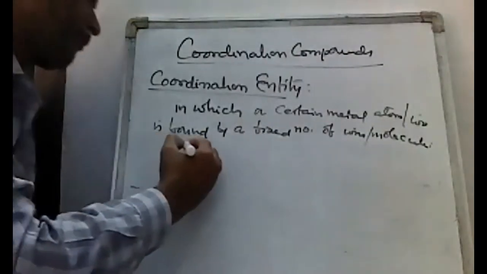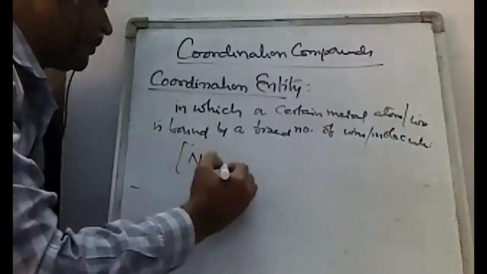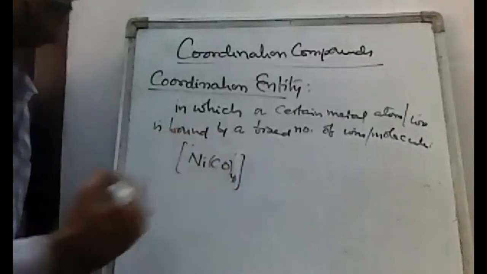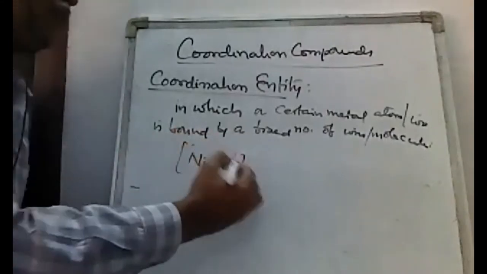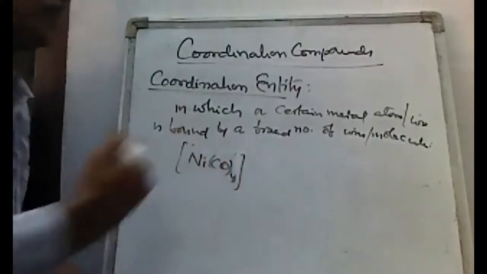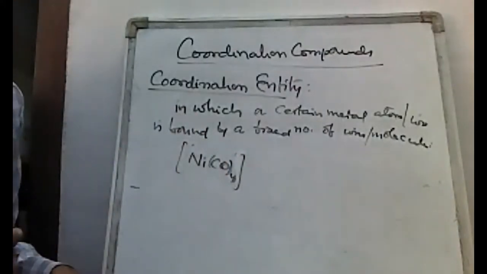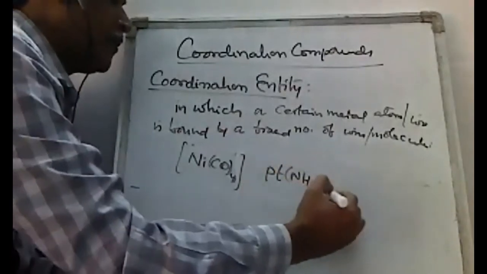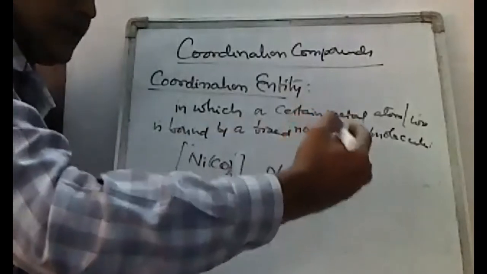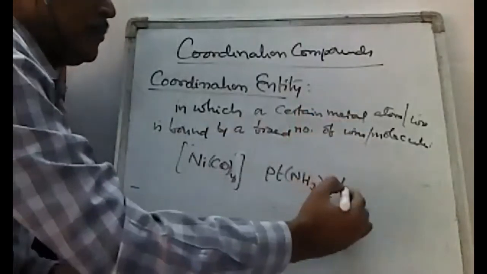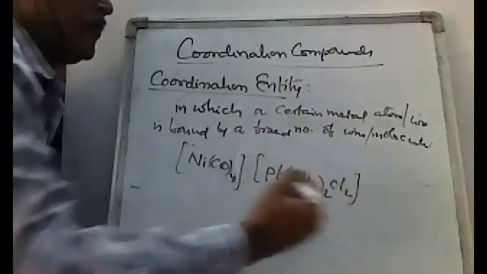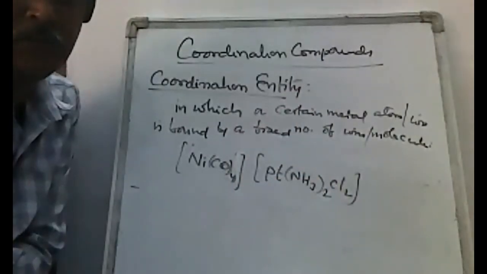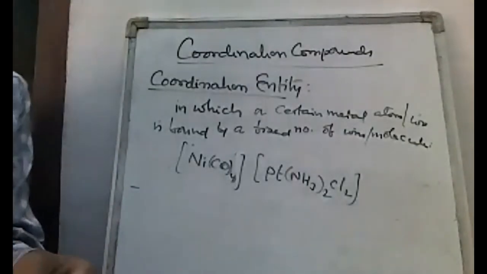For example, Ni(CO)4 is a coordination entity, or for example, [Pt(NH3)2Cl2].